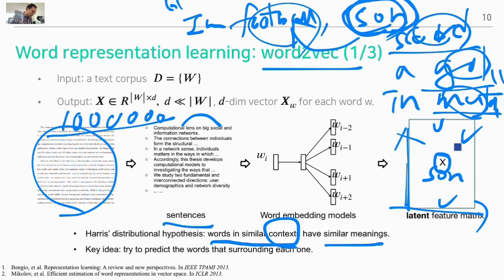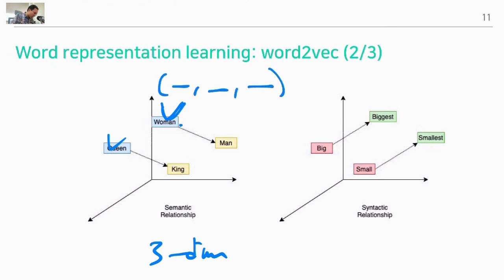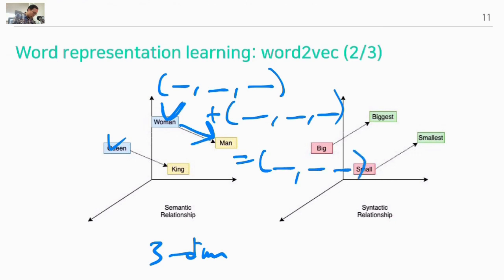So what is the benefit of this word representation learning? Here is an example. In this representation, which is three-dimensional, we have woman and queen. I told you the representation is able to infer the relationship between two words, right? The woman has some three-dimensional float value. We add some vector, some float value, and then we get some value.